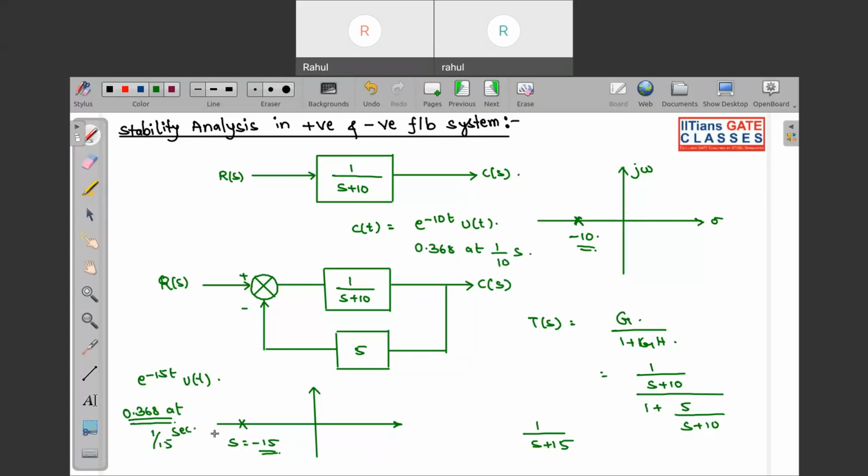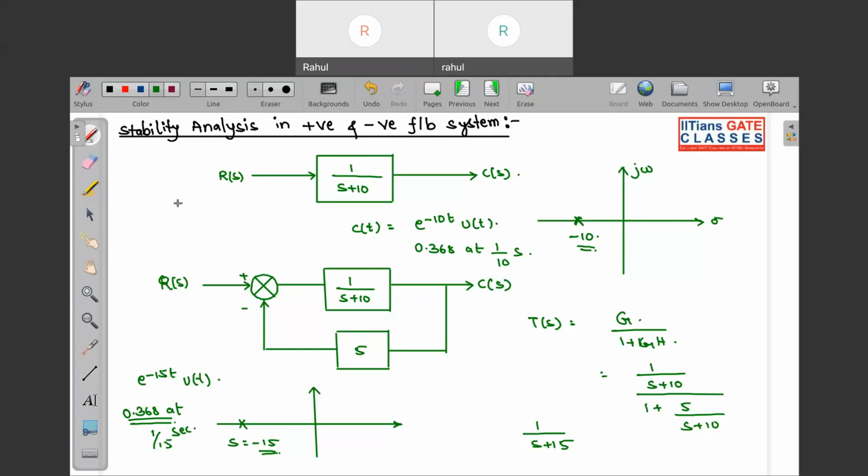So a negative feedback system is more stable compared to the open loop system. I have already told you that negative feedback increases the stability of the system.